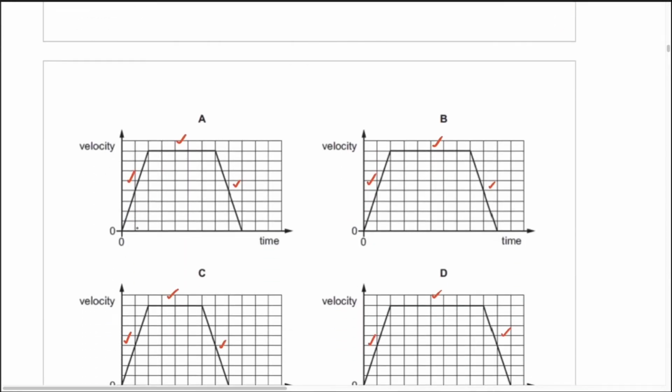Okay, so this one, let's check first. Area 1, 1 over 2, 2 by 8. 2 by 8. So this is 8 units.